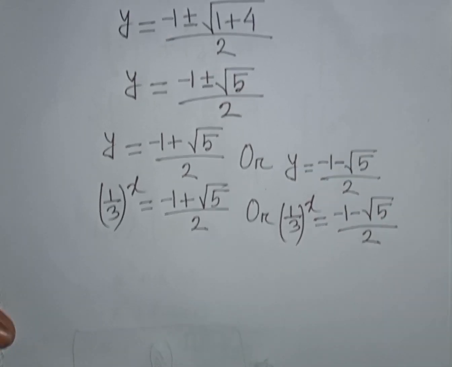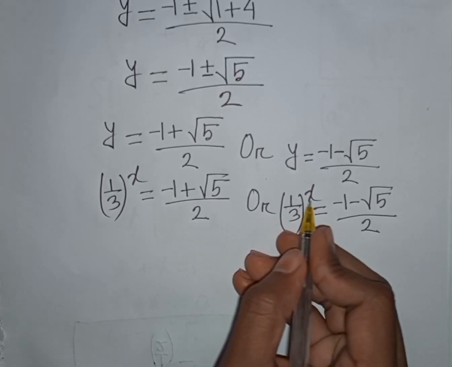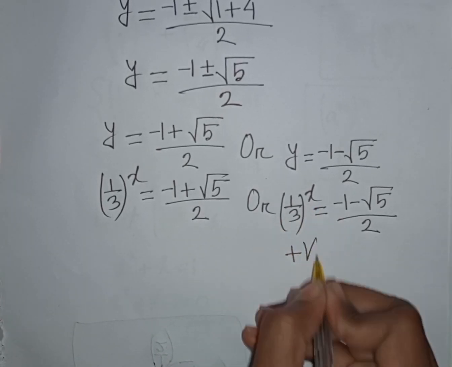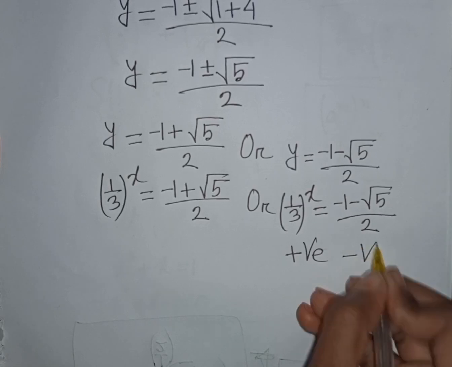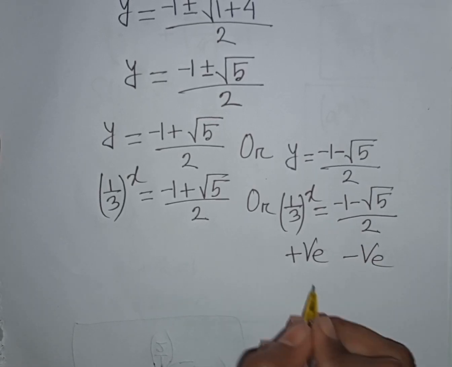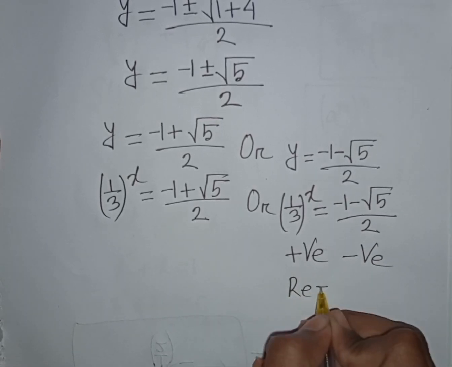Now we see 1 by 3 bracket power any number is always positive, but this is negative. So positive cannot be equal to negative, so this is rejected.